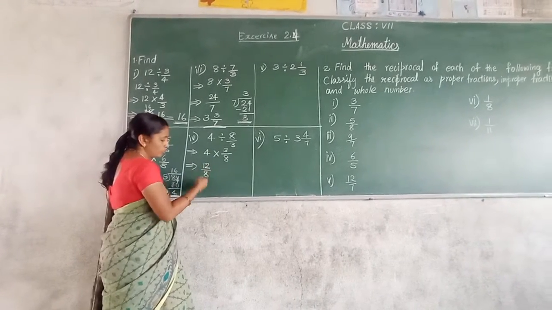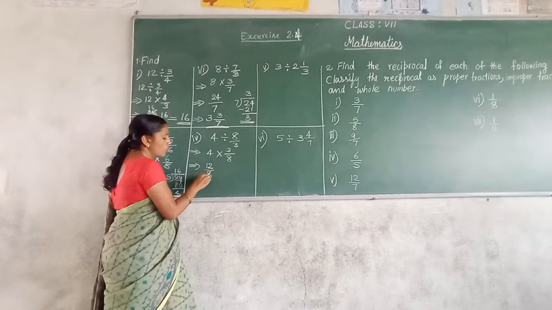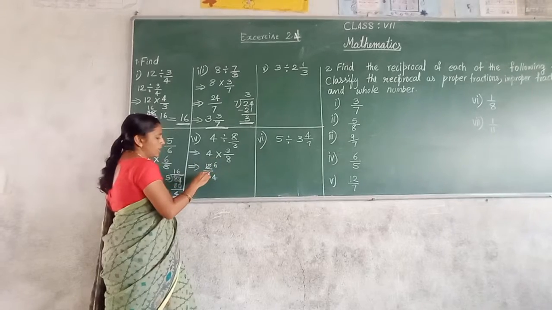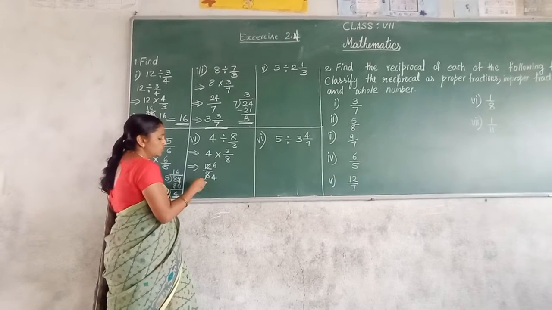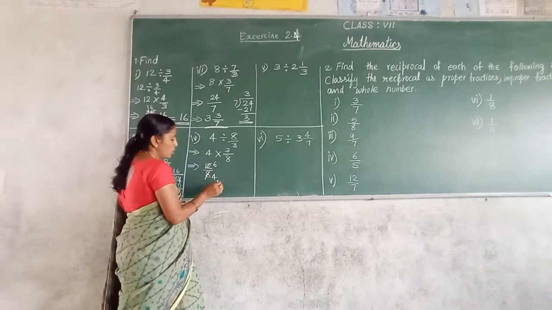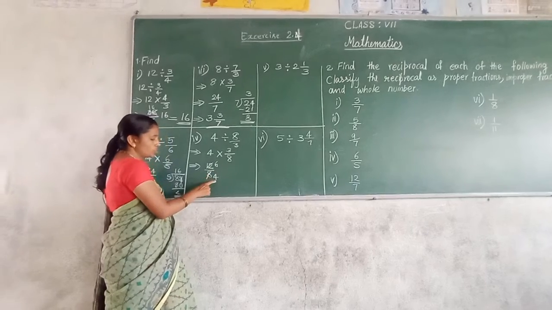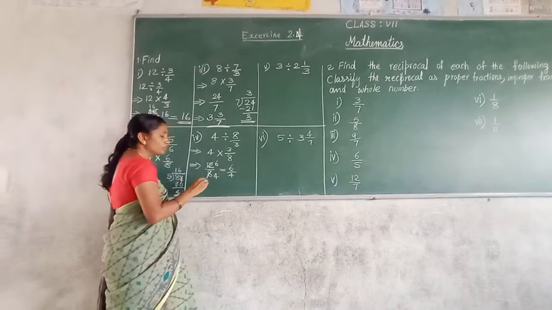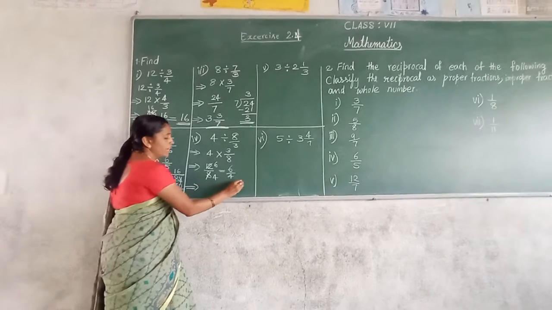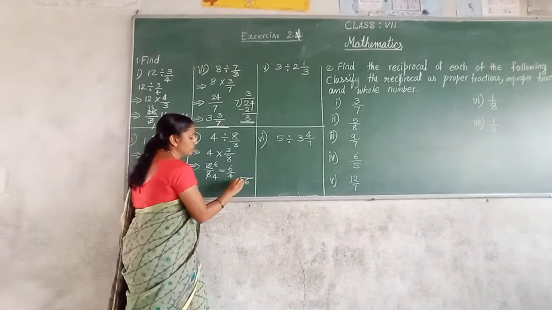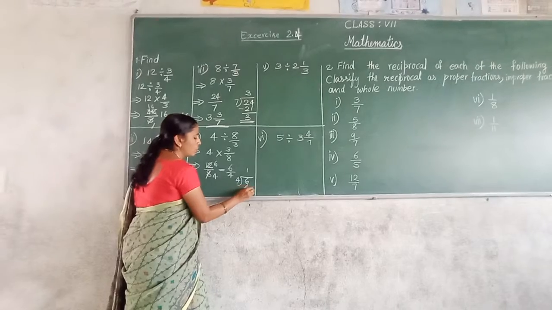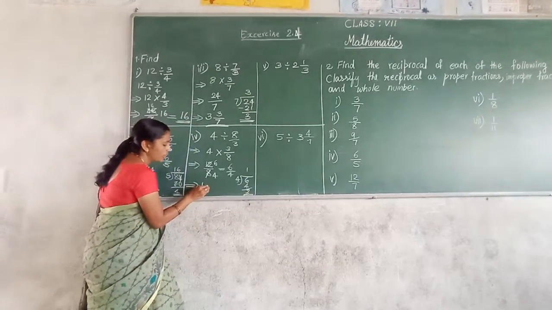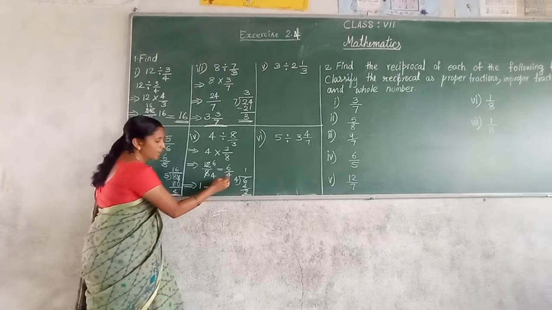Now can we bring it to the simplest form? 2 fours are 8, 2 sixes are 12. So you are getting 6 upon 4. That can be written in the form of a mixed fraction. 4 ones are 4, 6 minus 4 is 2. The quotient is 1, the denominator is 4.